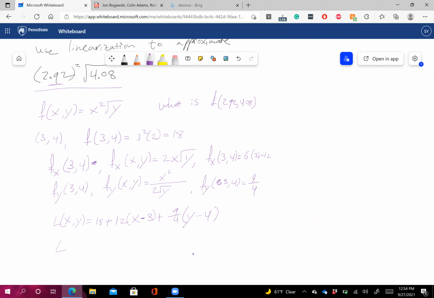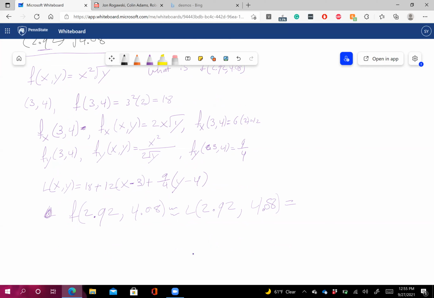We can say a good approximation: f at 2.92 comma 4.08 is approximately our linear approximation at 2.92 and 4.08. And now we can just plug that into our x and our y.